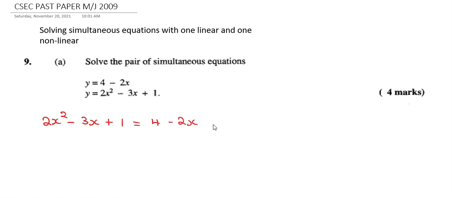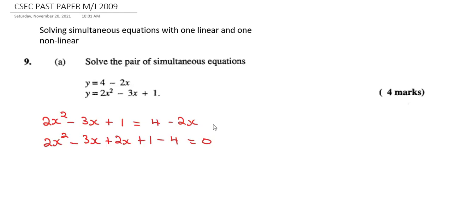Alright guys, our next step is to transpose. That is, we're going to carry everything over from the right hand side to the left. Everything. Alright, so here we go guys. So we have 2x squared minus 3x plus 2x plus 1 minus 4, and that is equal to 0 guys.